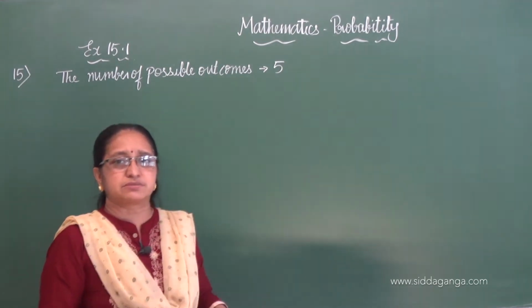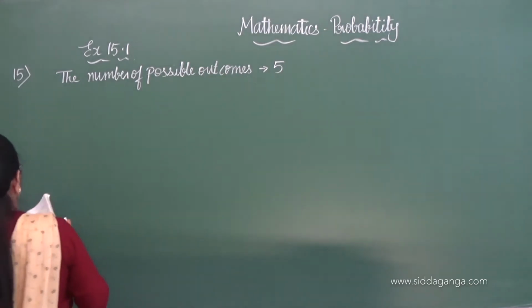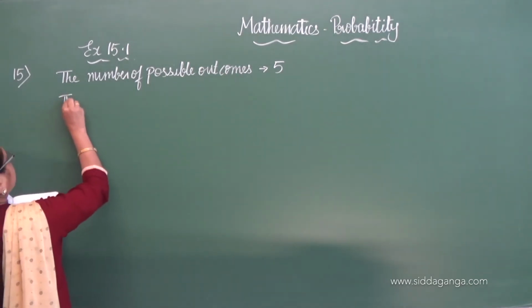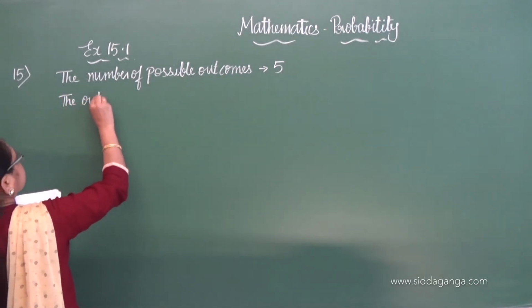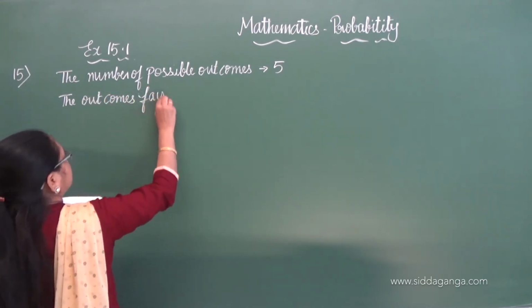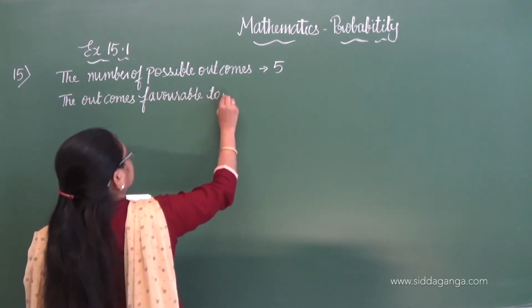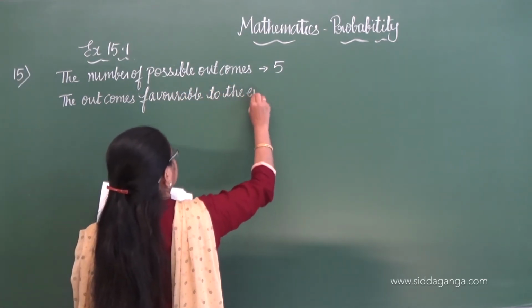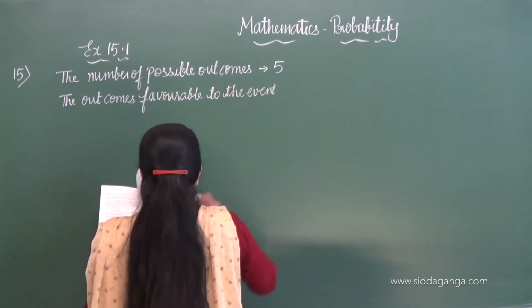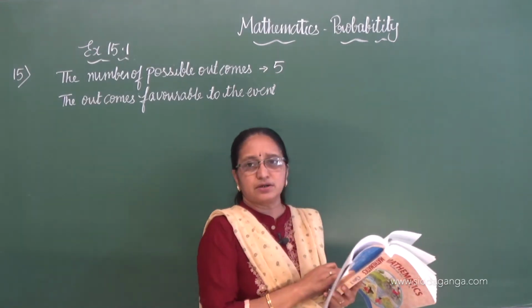So the number of possible outcomes is 5. Next, the outcome favorable to the event. What is that event? The event is the card is the Queen.